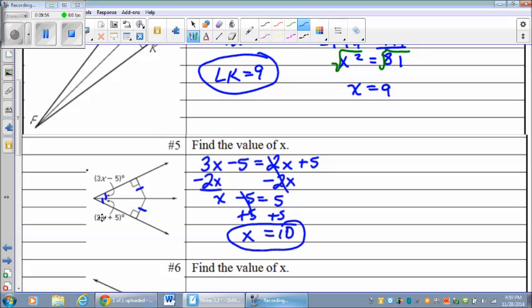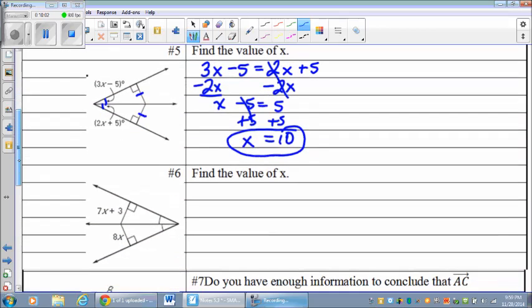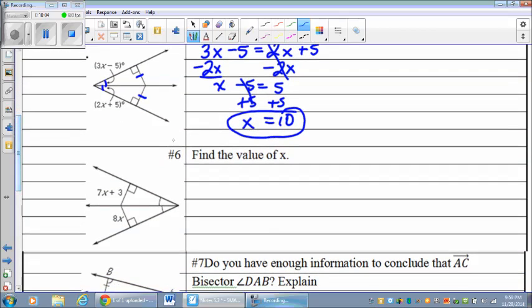When x is 10, I can plug it in and see that these two angles will be congruent. Right, on number 6, we find the value of x, and notice it has the perpendicular, and then it tells you these angles are bisected, so this has to be the perpendicular bisector, the angle bisector, which means these two segments have to be congruent to each other.